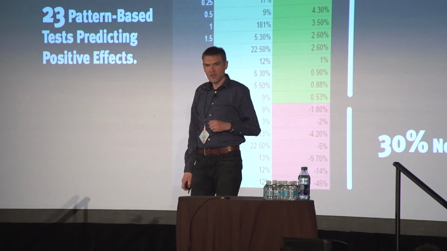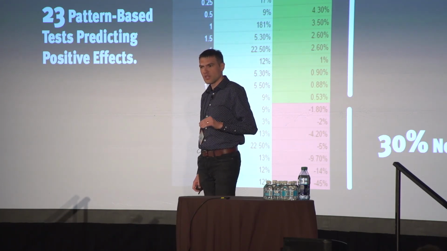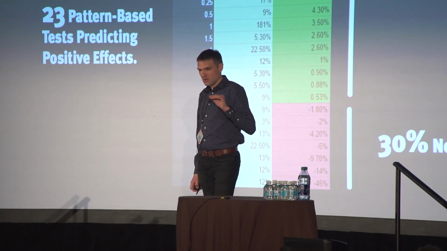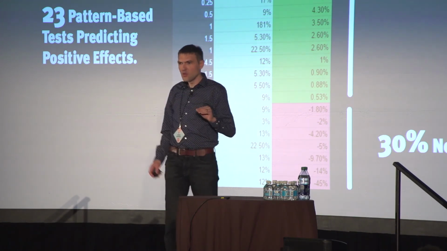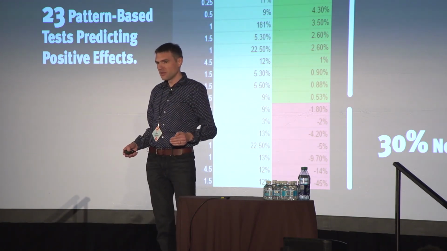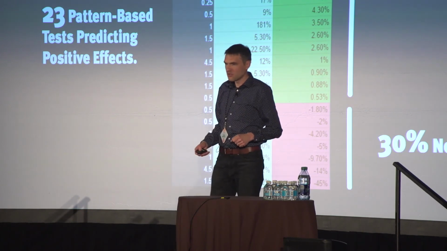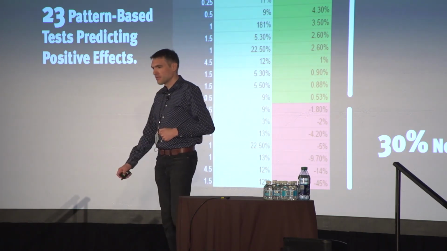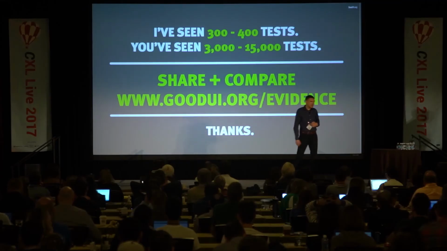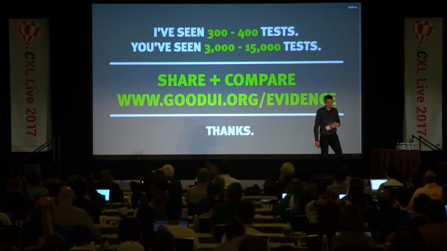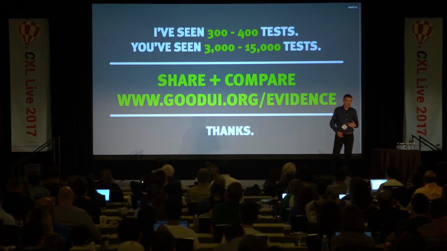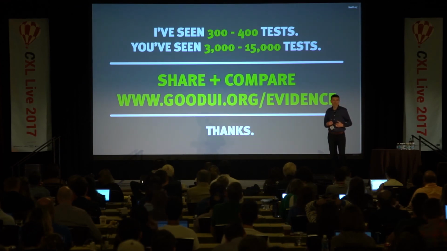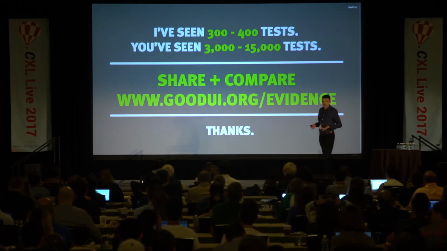Okay, so I think there's quite a bit of potential in using past data and using past patterns to begin predicting what could be. And I'm feeling quite optimistic about this because I just scratched the surface with the A/B tests that I have seen. There are probably a couple hundred or so.